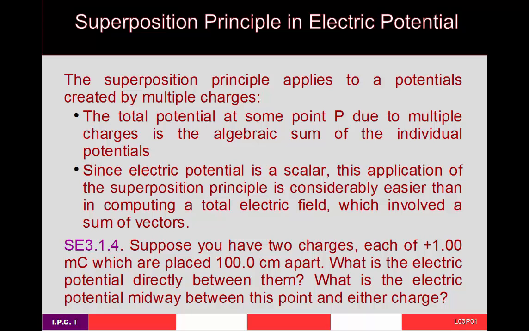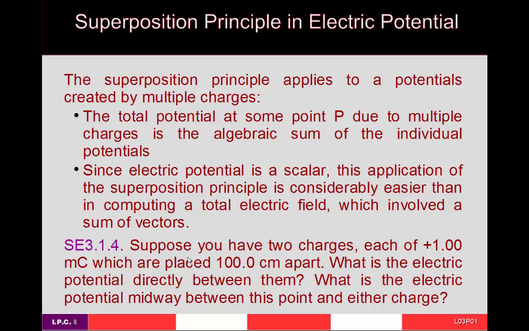So figure out what the scalar potential due to each of a bunch of charges is, add them together, and now you have the total electric potential at point P due to this configuration of charges.